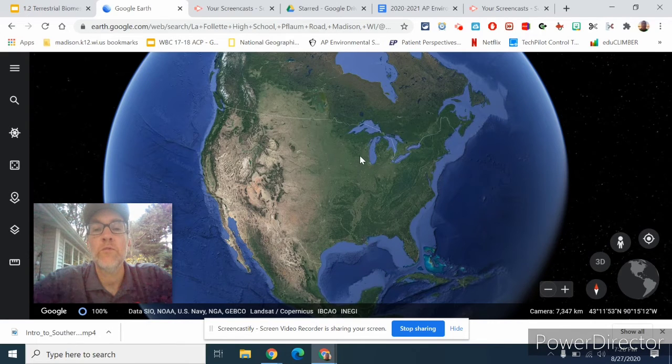We are, however, on the edge of the prairie. So there is a grassland biome which extends all the way to the Rocky Mountains, and we're going to be talking about that. Also, of course, the mountains themselves, the deserts, our temperate rainforests out in the Pacific Northwest.